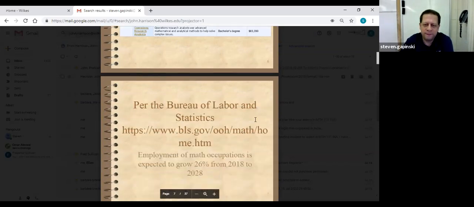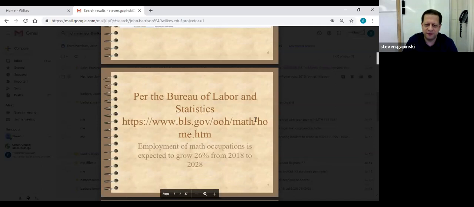If you also look at trends, the latest analysis coming out of the Bureau of Labor and Statistics looks at employment of the math-related occupations to grow 26% over the 10-year period from 2018 to 2028. So we're early in that period, so we're in what's projected to be a growth period, which is always a good thing to see, because we all know various job markets fluctuate.